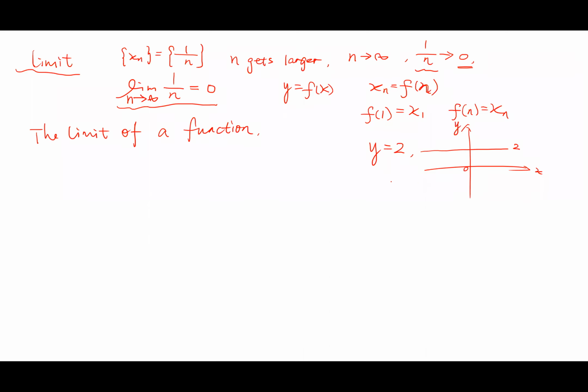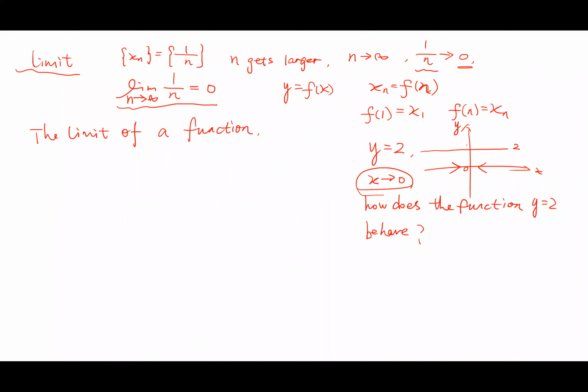So now I want to know, as x approaches 0, how does the function y equals 2 behave? That means as x approaches 0, we can see either x approaches from the left or x approaches from the right, right?